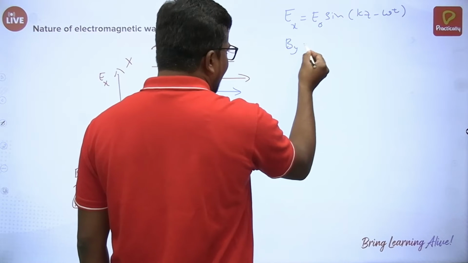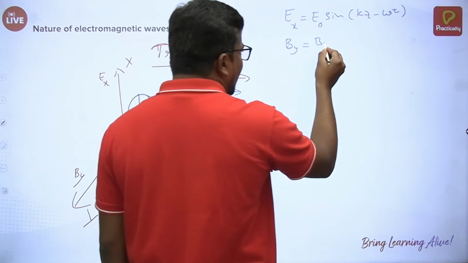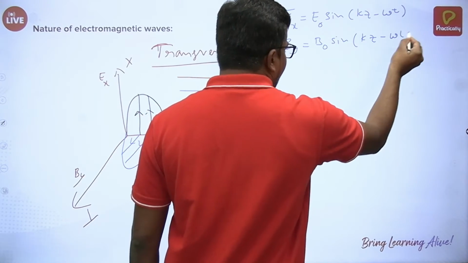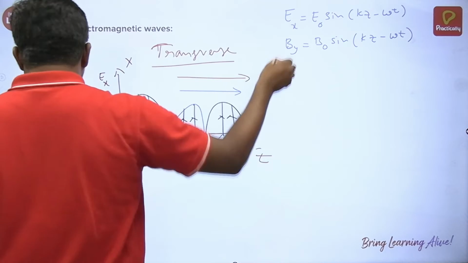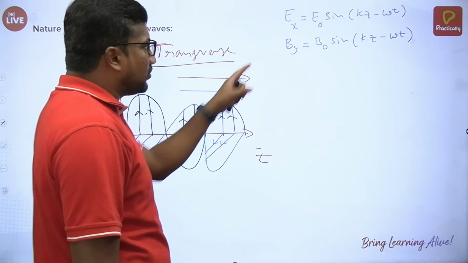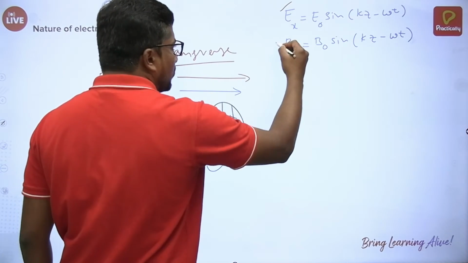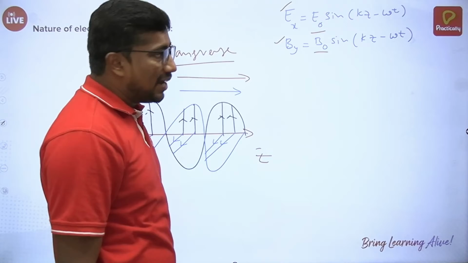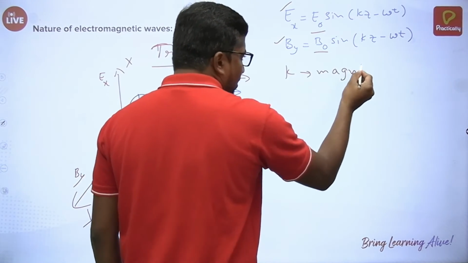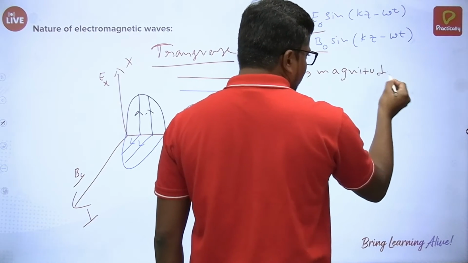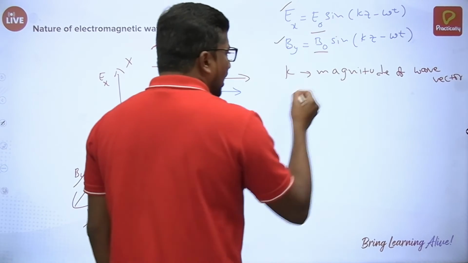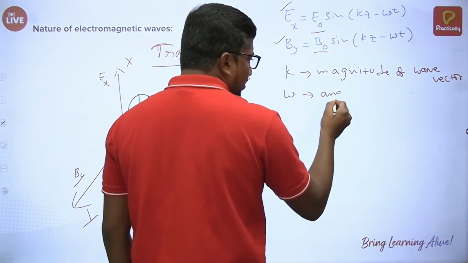Similarly, By, the instantaneous value of the magnetic field, can be written as B naught sine of kz minus omega t. Here Ex and By are the electric field and magnetic field in terms of their instantaneous values. E naught and B naught are amplitude values. K is the magnitude of the wave vector, or you can say propagation vector, and omega is the angular frequency.